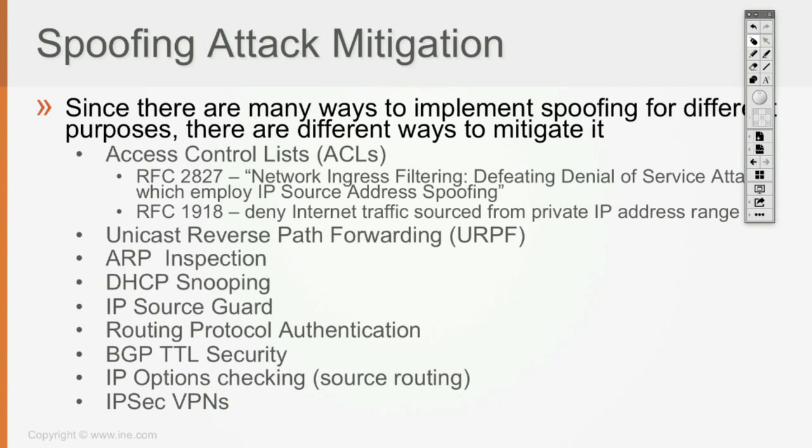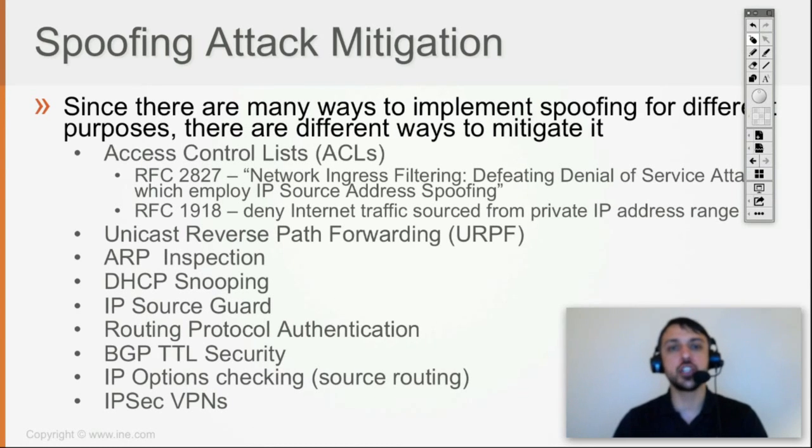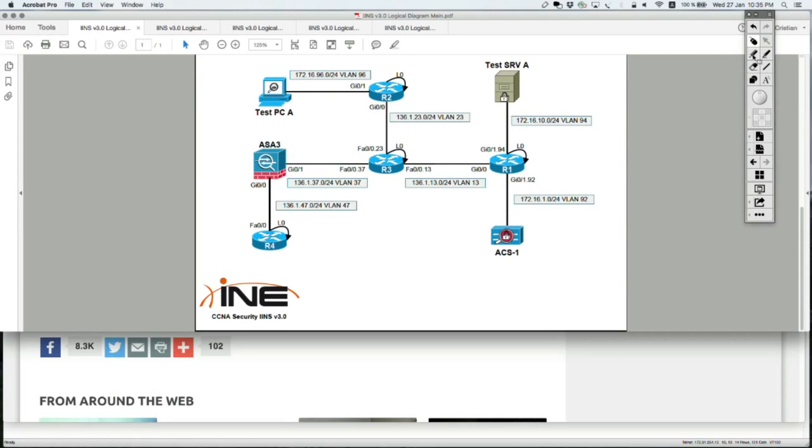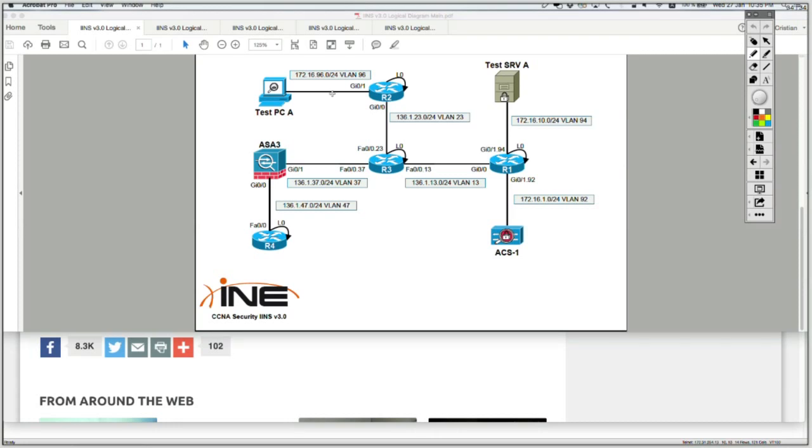Basically, with source routing, the attacker can inject in the IP options header of the IP packet the path of the network that the packet should take. So for example, between PCA and the internet, traffic would flow based on network routing, this way via the firewall.